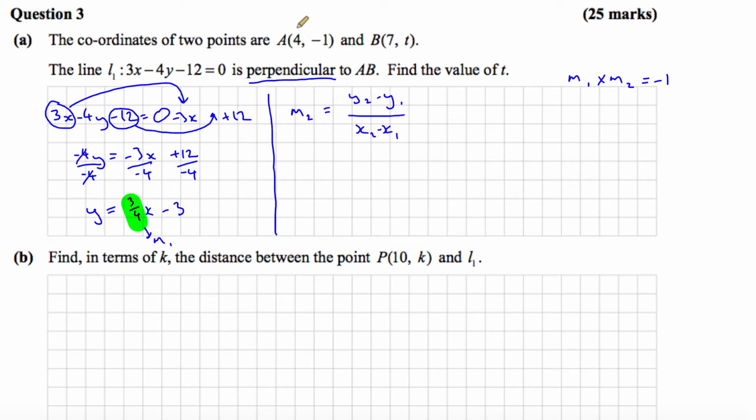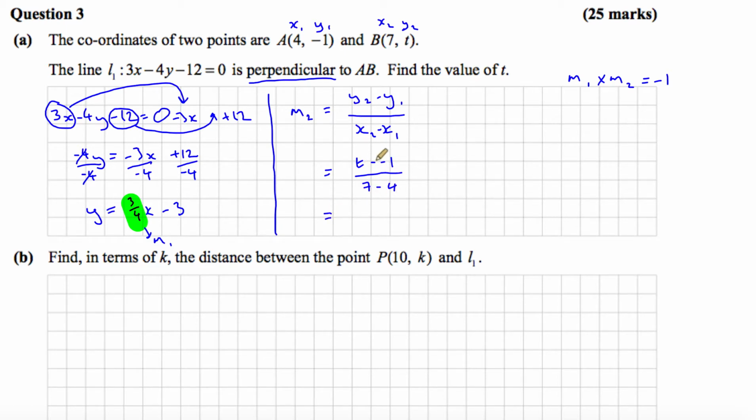So we can call this point A, x1, y1, and the point B we can call x2, y2. So we're just going to sub these then into this formula. So that's going to give us y2 is t minus y1, so t minus -1, all over x2, which is 7, minus x1, which is 4.